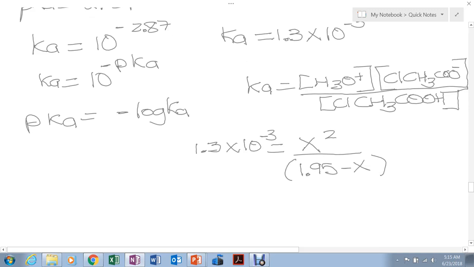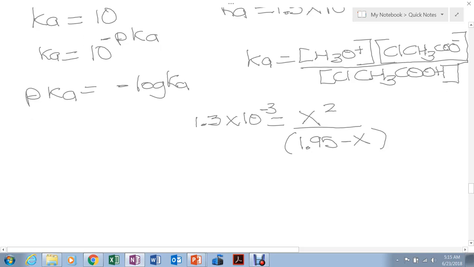Can we drop this x? Well, I was thinking, this is a minus 3, and it's very difficult, but look at this concentration. I would risk it because this concentration is high, 1.95. So let's go ahead and try to drop this x, and then we'll double check.